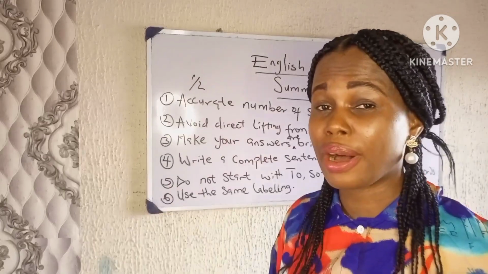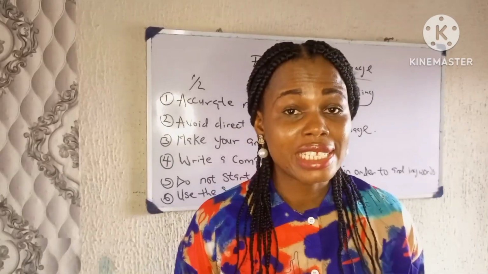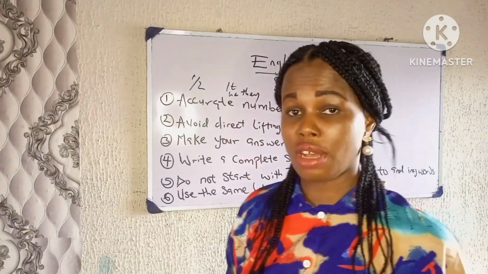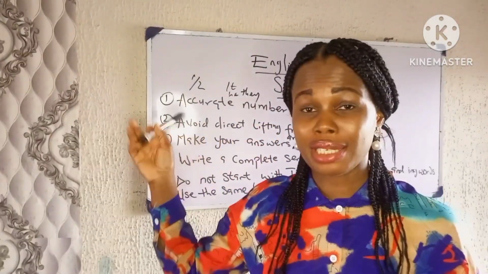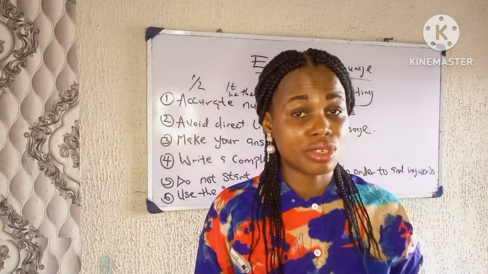So that's all about how to answer questions on summary writing. Now, another important thing is that Oracle encourages students to avoid using pronouns like it, they, he, she. So don't use these pronouns in answering your questions.